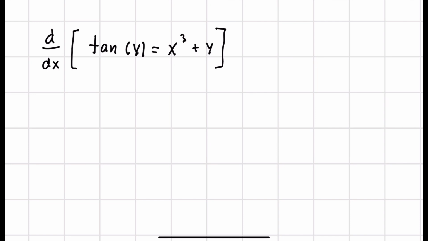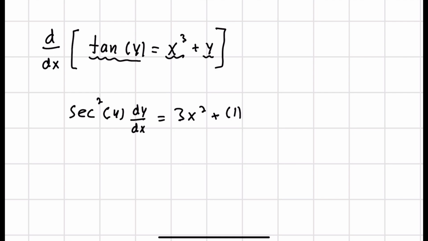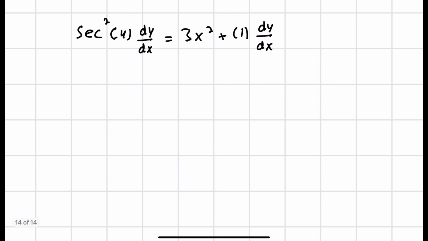In our next example, the derivative of tan y is equal to secant y squared dy over dx, and this is equal to the derivative of x cubed, which is 3x squared, plus the derivative of y, which is equal to 1 dy over dx. And now this gives us secant y squared dy over dx minus dy over dx equal to 3x squared.